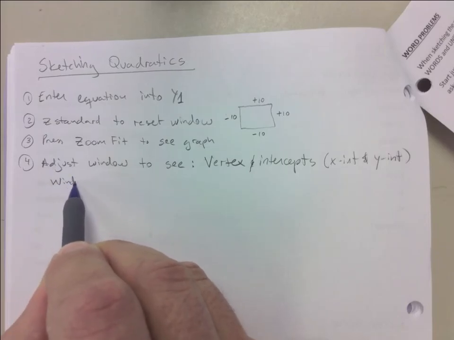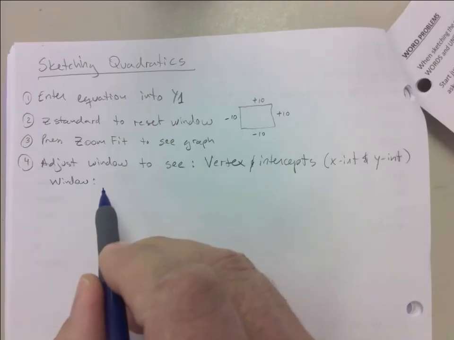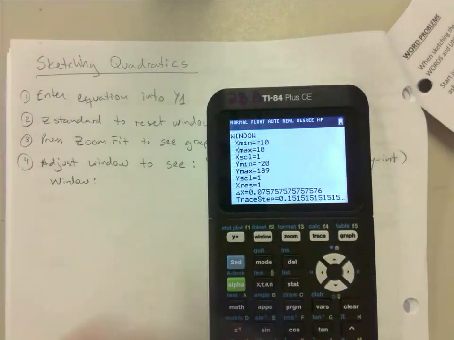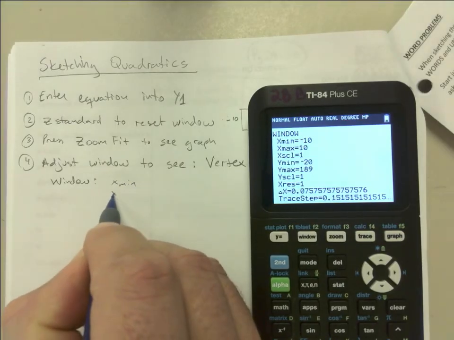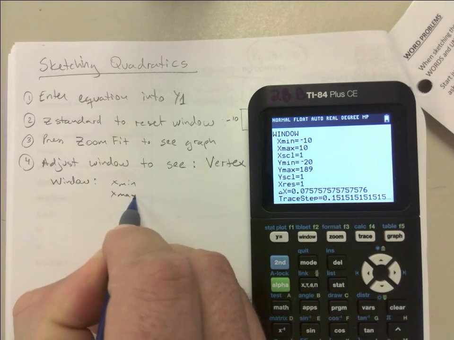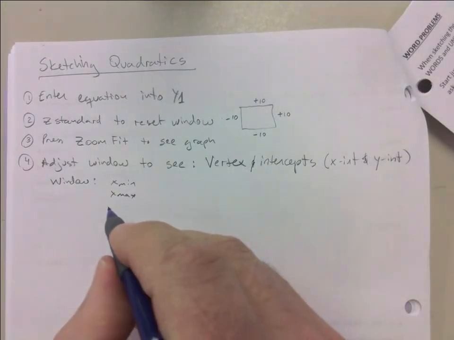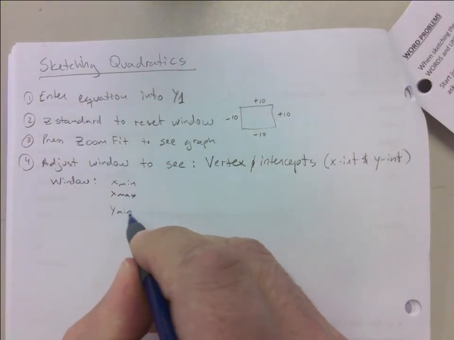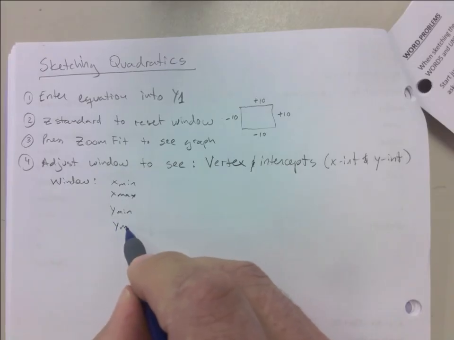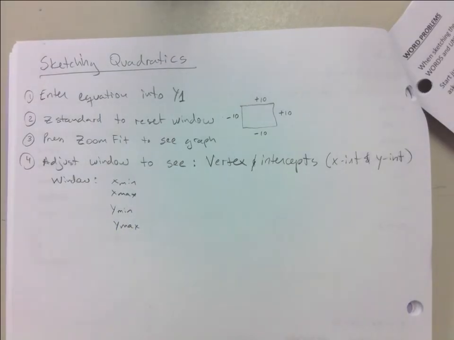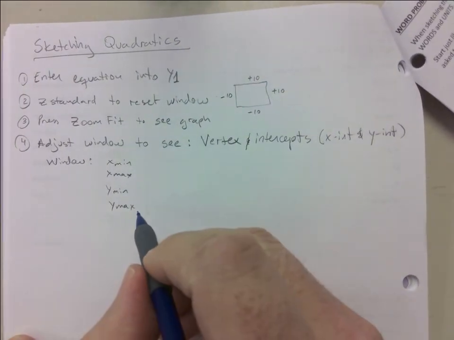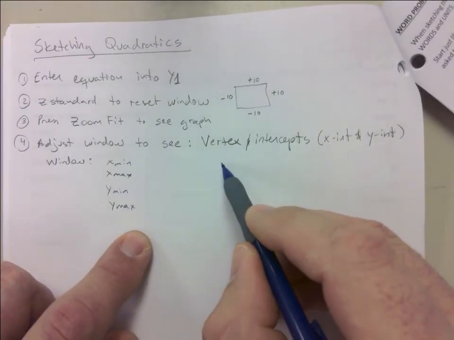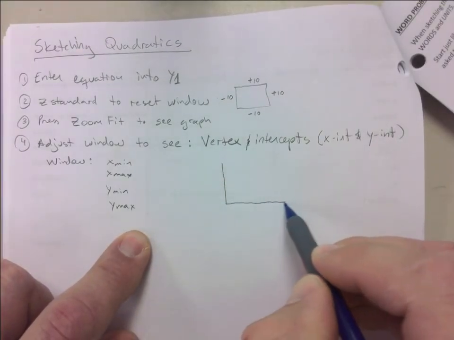Thank you. So basically the window, if you press the window button, I just want you to ever change x min, x max, y min, y max. I don't want you to change any of the other ones. The scale, anything like that, do not worry about that. It doesn't hinder what we're trying to do.